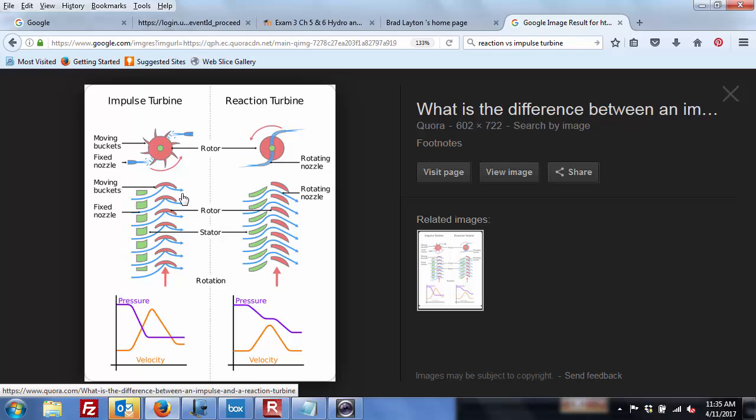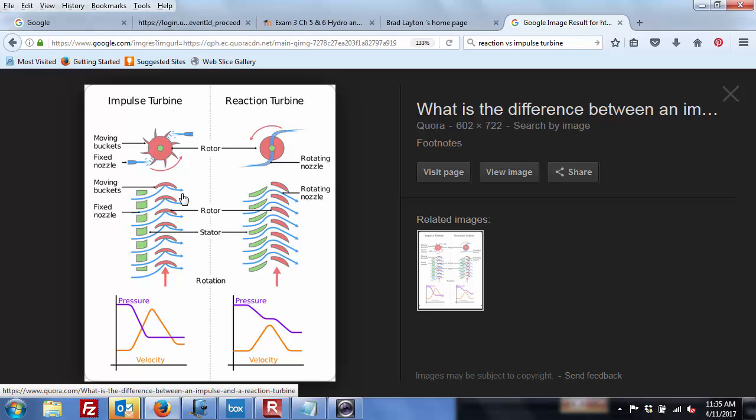And then in the reaction turbine, the water is still changing direction, and you still have a fixed nozzle, fixed stator.